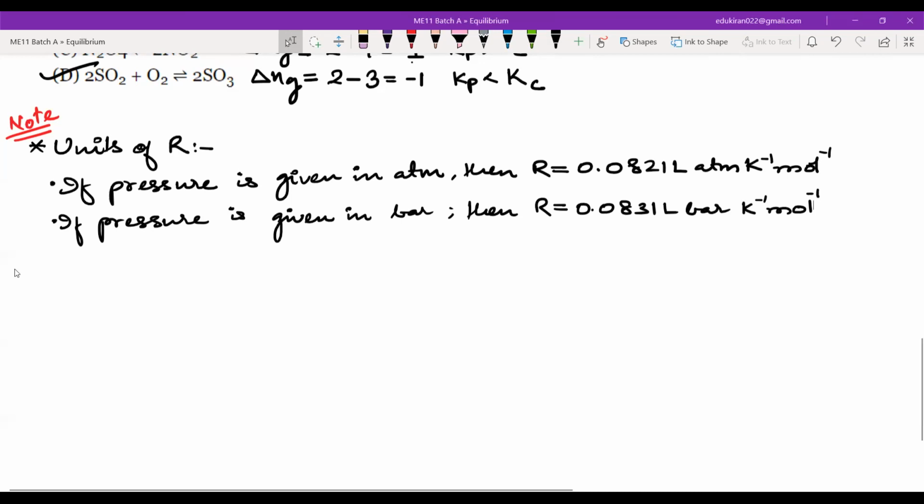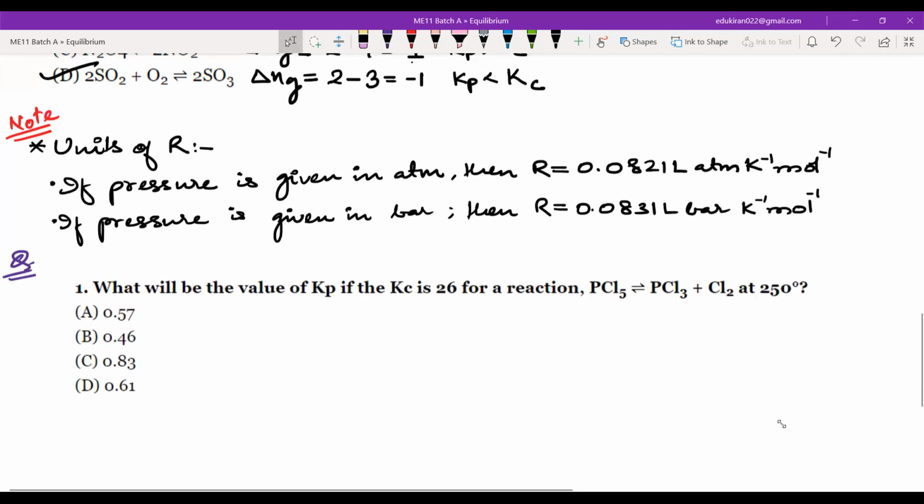Now write another question. Here you have been given the value of Kc, and you have to find the value of Kp. Kc is 26 for the reaction PCl5 giving PCl3 and Cl2 at 250 degrees Celsius.